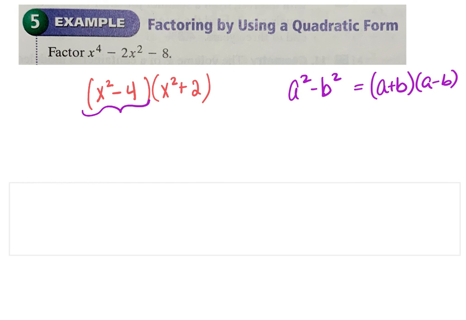It says factor completely, so this factoring would be x plus 2, x minus 2, and then I would leave that alone. The sum of squares cannot be factored, so this is x squared plus 2. That is my complete factoring. So you do have to look for a special case here and make sure you continue factoring.